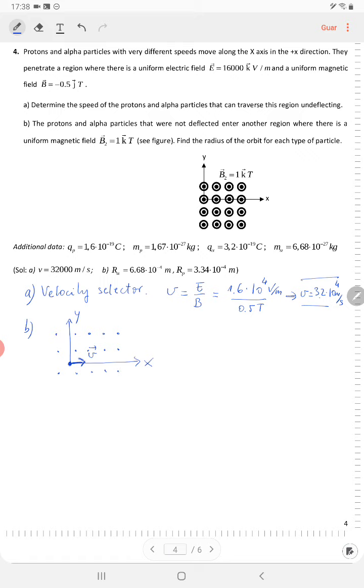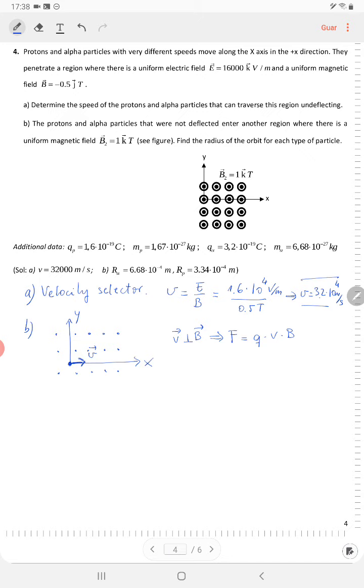In this case, the velocity is perpendicular to the magnetic field, so the magnetic force exerted on them is just the product of the charge times the velocity times the magnetic field.